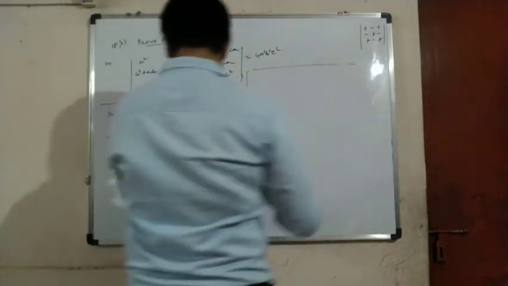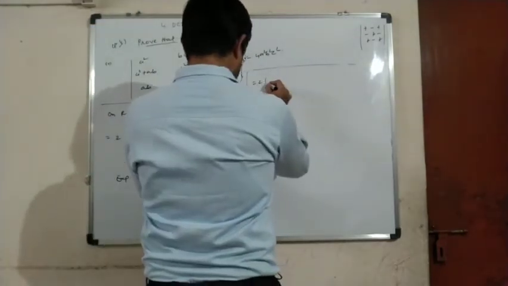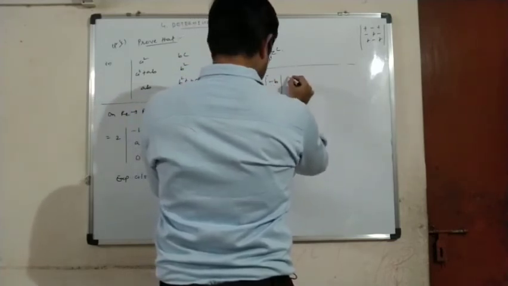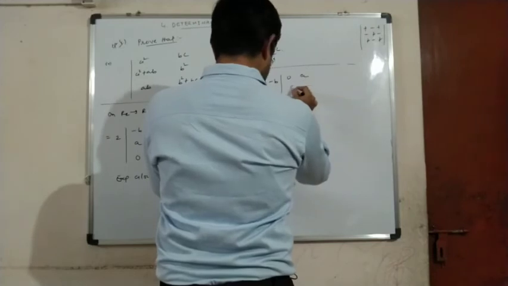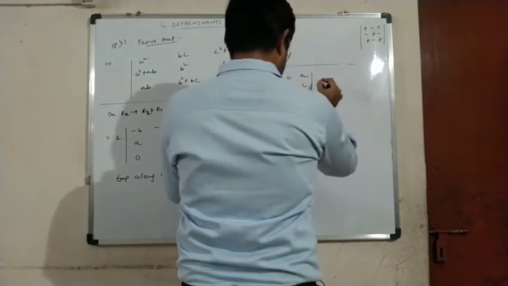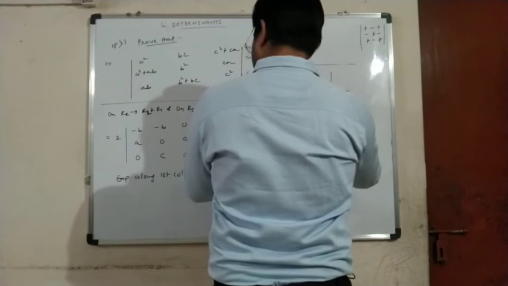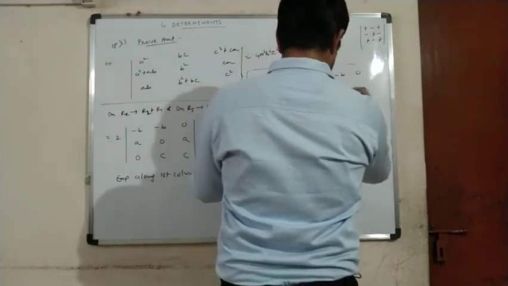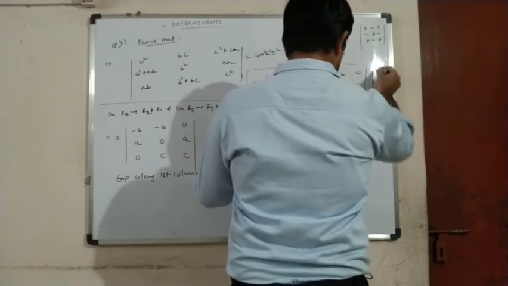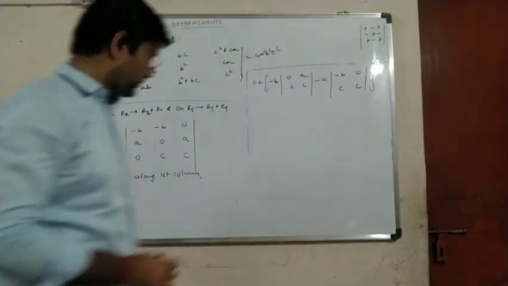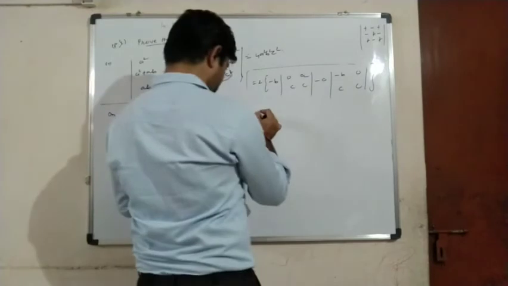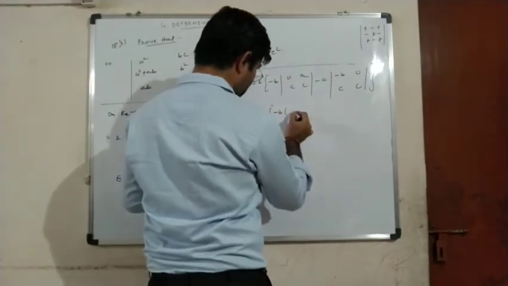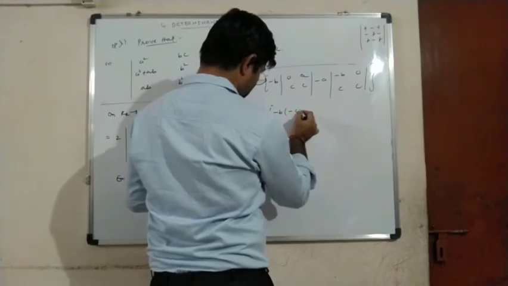Now expanding along first column, so we have 2 into minus B, determinant will be 0 A C C, then minus A into determinant will be minus B 0 C C, that's all. Third element is 0, so we are not going to write that. Okay, now here 2 into minus B into minus CA.